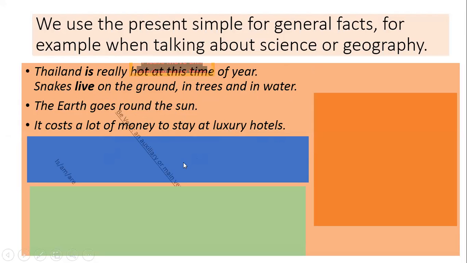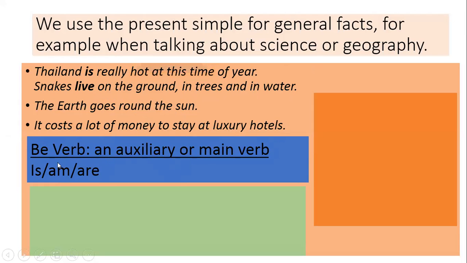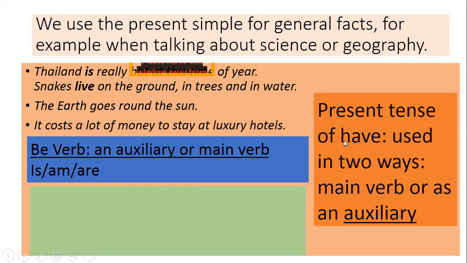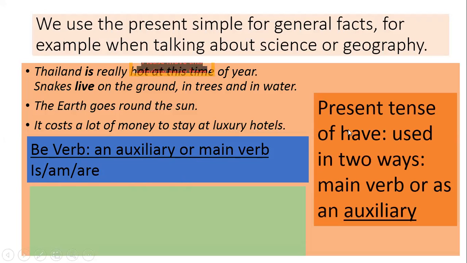And there are two things to be considered while using the be verb in present simple. The be verb can be used as a main verb in present simple. Similarly, the be verb is also used as an auxiliary to form different tenses. And the auxiliary verb have can also be used as a main verb or an auxiliary in present simple.